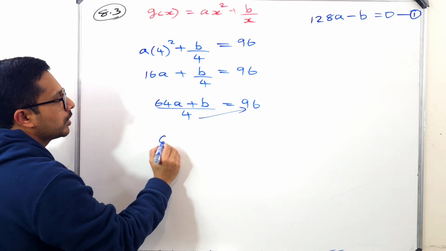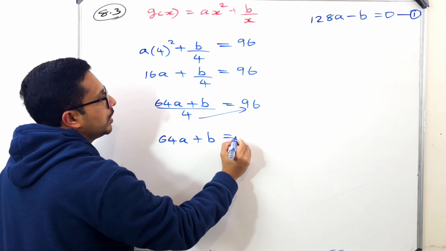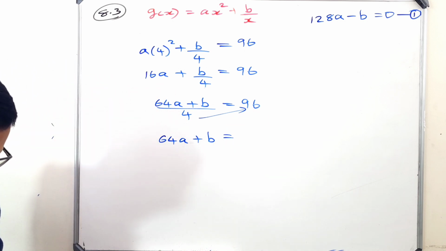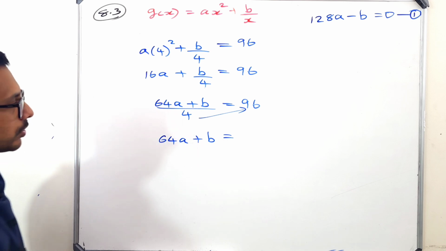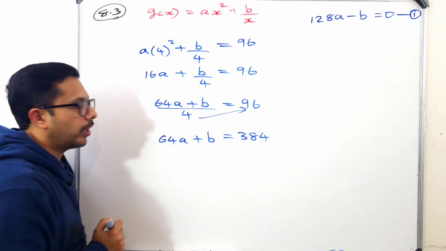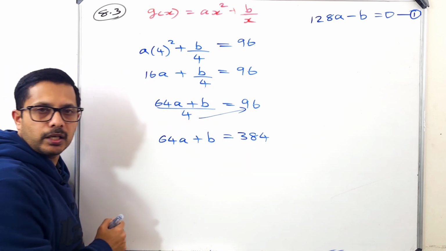So 64a plus b is equal to, what is 96 times 4? 96 times 4 is 384. So I got another equation here: 64a plus b is equal to 384.